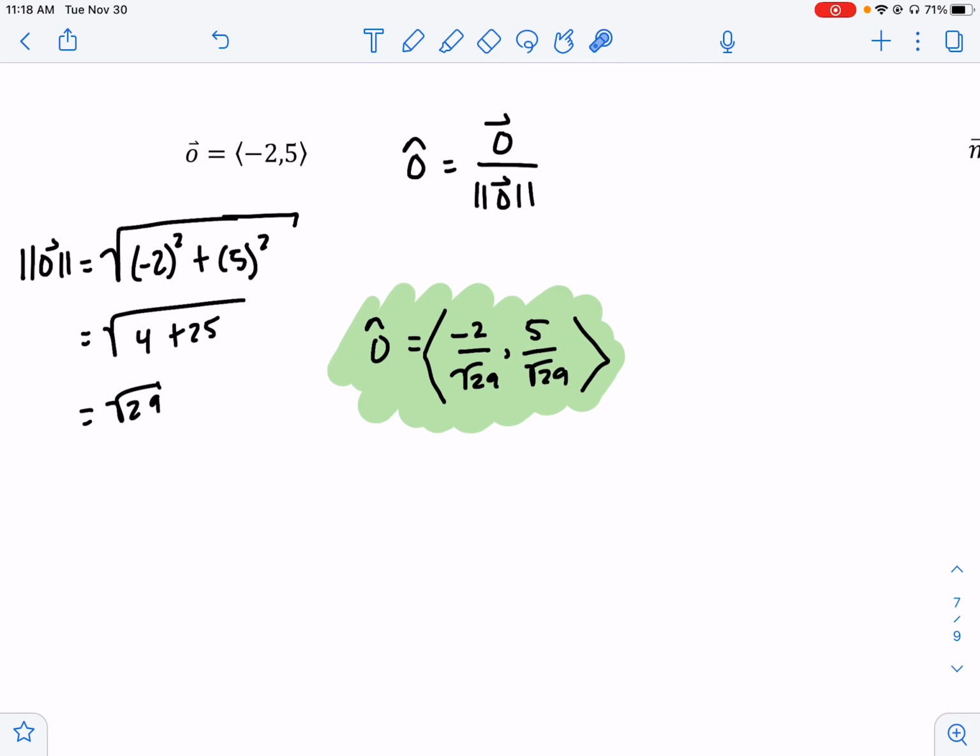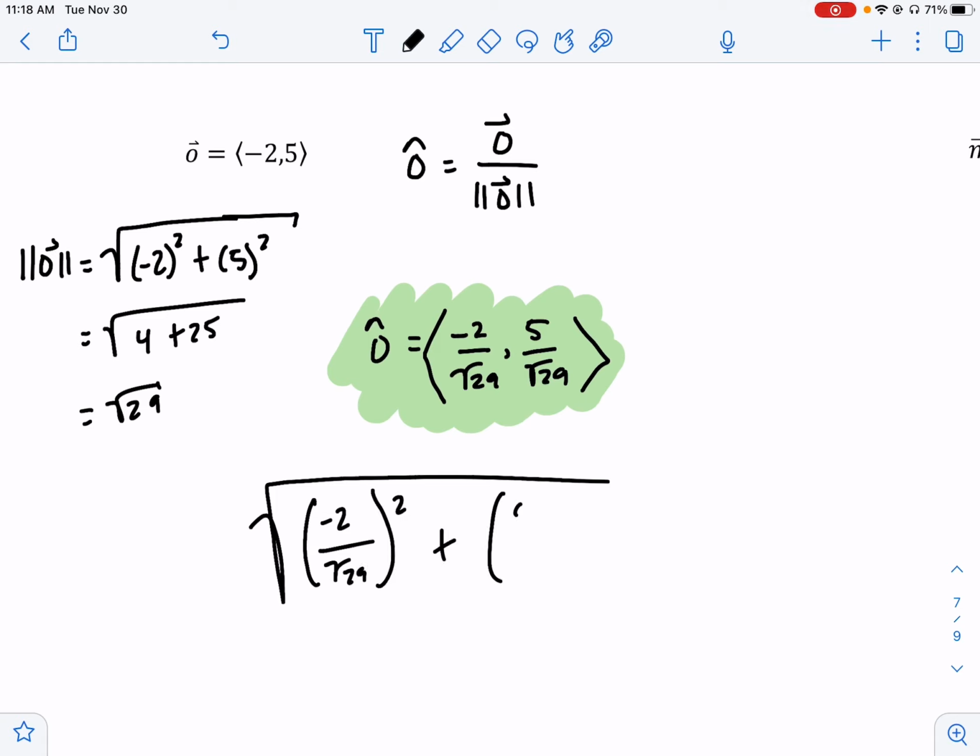Some of the things that you'll be asked to do is to prove that this has a magnitude of 1, that it is a unit vector, which we can do once again just by doing what we did earlier. So the square root of negative 2 over the square root of 29 squared plus 5 over the square root of 29 squared.